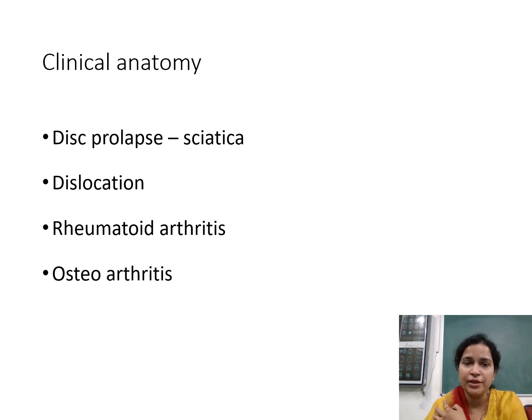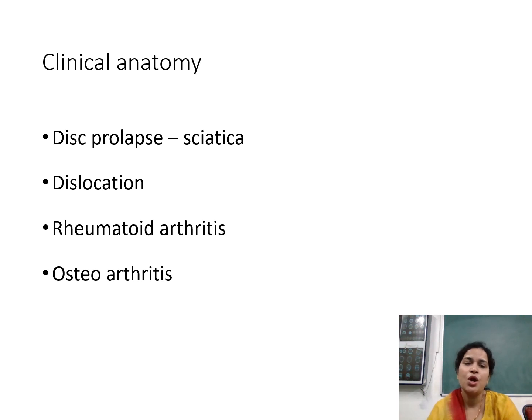Sometimes a complete dislocation does not occur, and only a partial dislocation occurs. So the head of the humerus is partly dislocated from its joint cavity, half dislocation, and that is called subluxation.